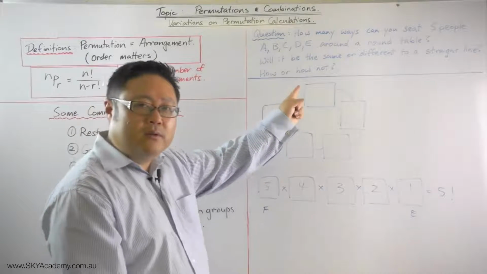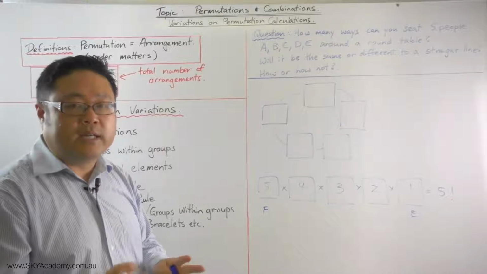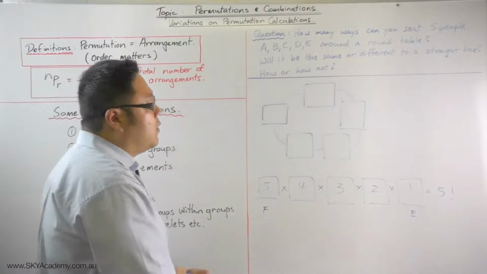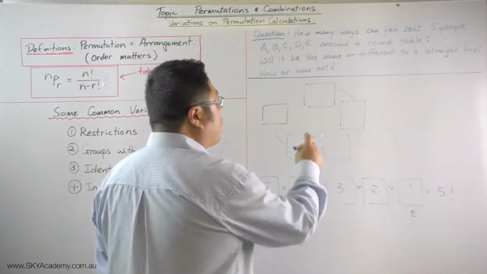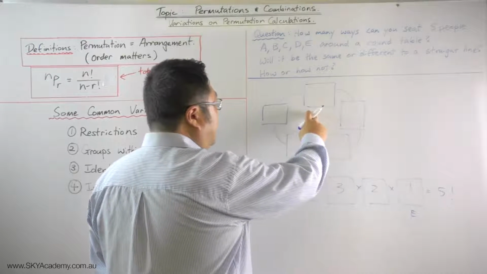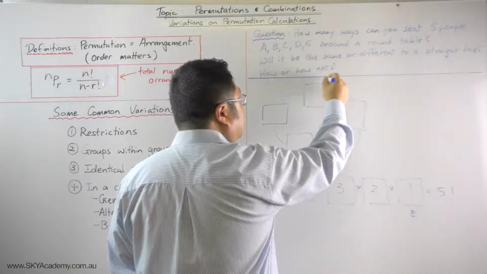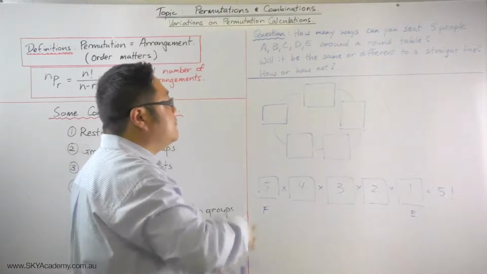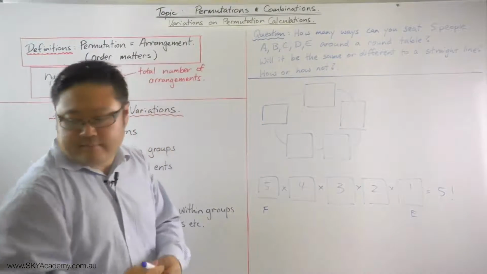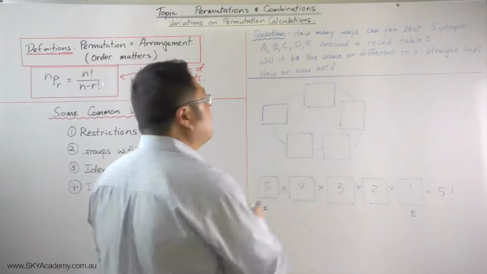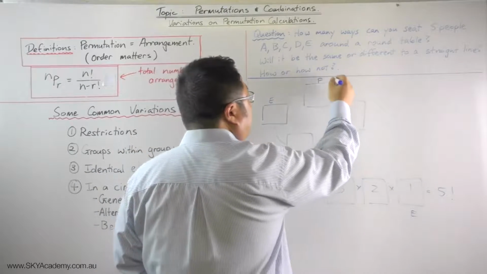In a circle, you do not have a clear front or a clear end. Let's have a look. Ordinarily, you would just say the line started here. So this is your front, and this is your end here, and we're going in a clockwise direction.